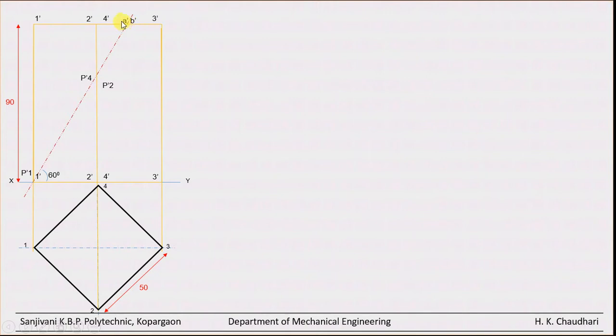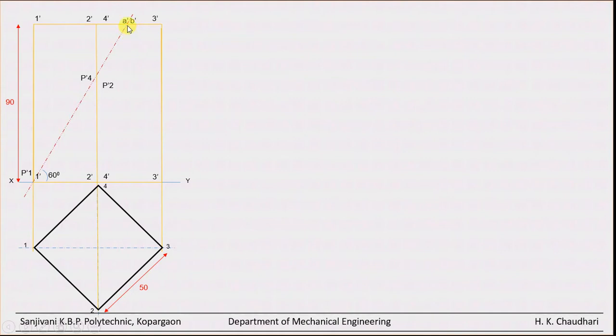But the section plane intersects the top surface here, so the edges 2 3 and 3 4. Clear? So these are the edges 2 3 and 3 4. The points of intersection, there are two points of intersection named as A dash and B dash.